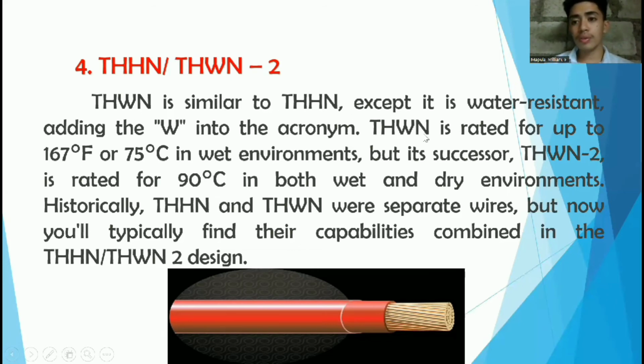Then yung THWN is rated for up to 167 degrees Fahrenheit or 75 degrees Celsius. Then yung THHN naman is rated for 90 degrees Celsius. Then ito yung recommended at pinakamaganda sa tatlong nauna na type ng wire.